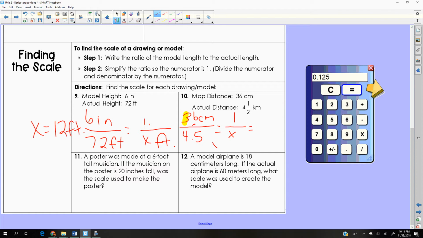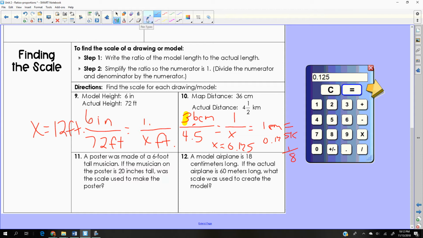So x equals 0.125, and if you were to change that back to a fraction, so 1 centimeter equals 0.125 kilometers, or if you change that to a fraction, would be 1/8. Okay? All right, number 11.